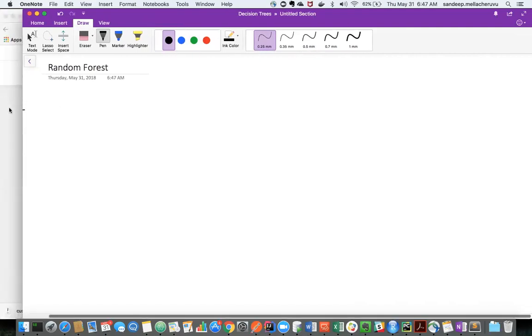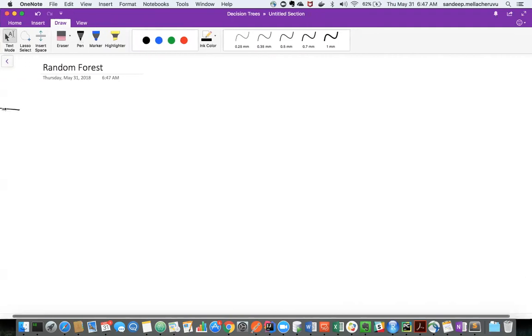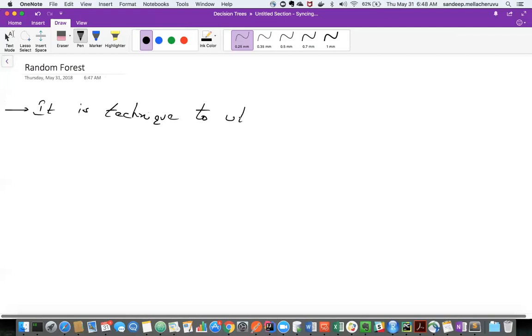So, what is this random forest? It is a technique to utilize the power of the crowd.